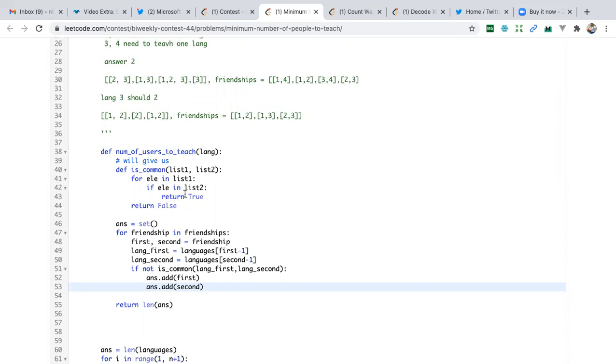But it doesn't give the right answer, because ideally what is happening is we should append this language to both their lists. And the second time when someone tries to calculate, we don't need to do that.